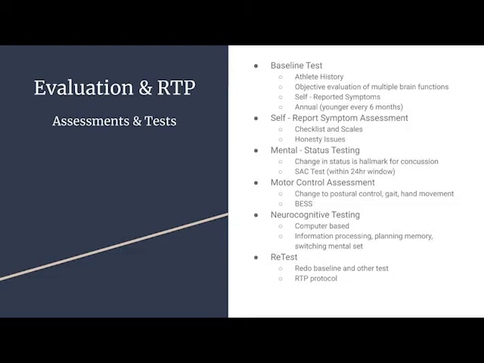Motor control assessment. Changes in motor control after injury have been documented in several occurrences, including with gait, postural control, and hand movement. The most common, however, being postural control, giving information from the vestibular and visual components of the balance mechanism.